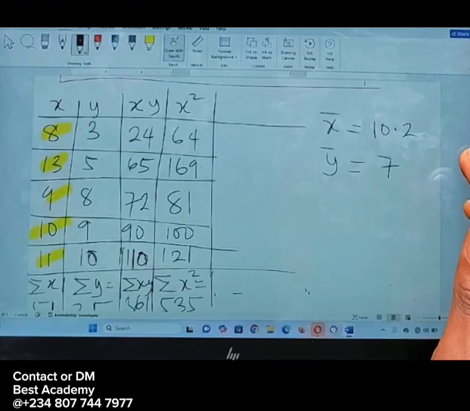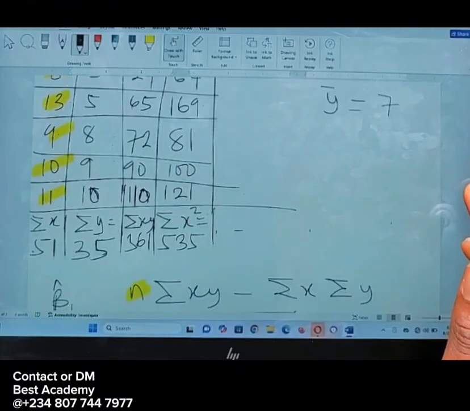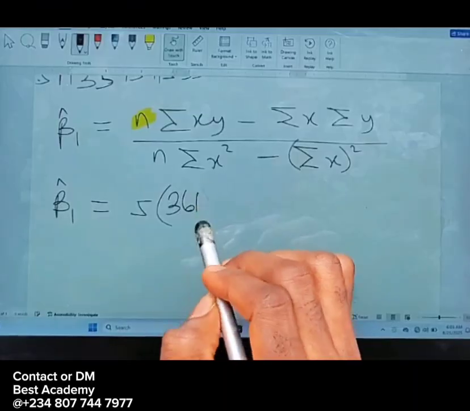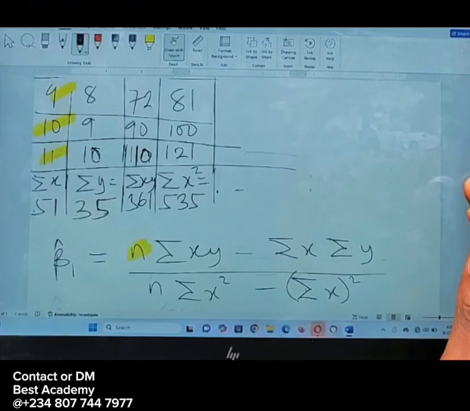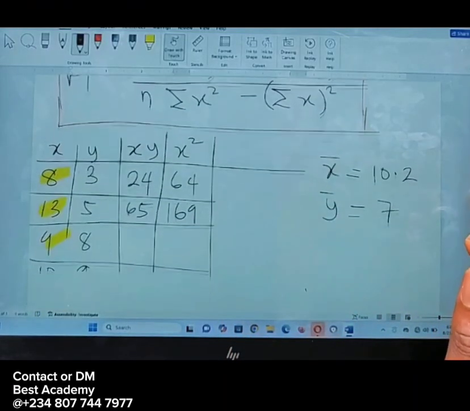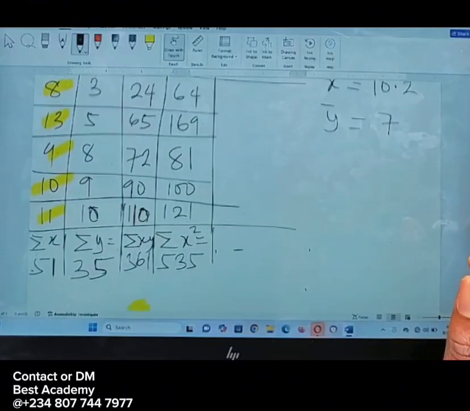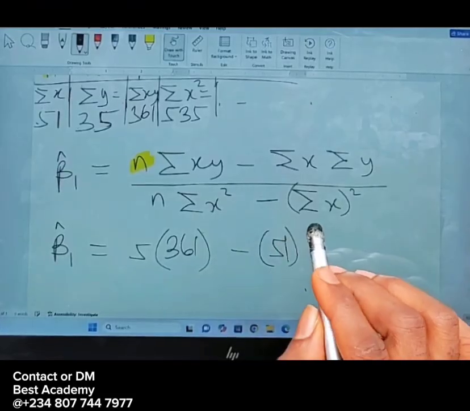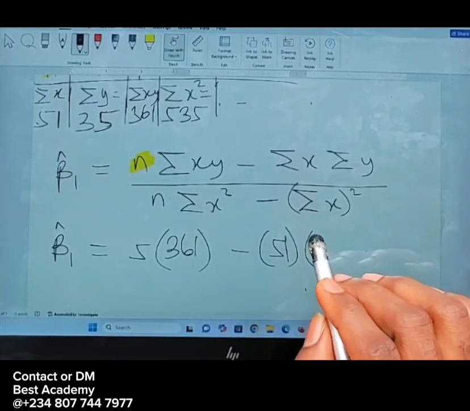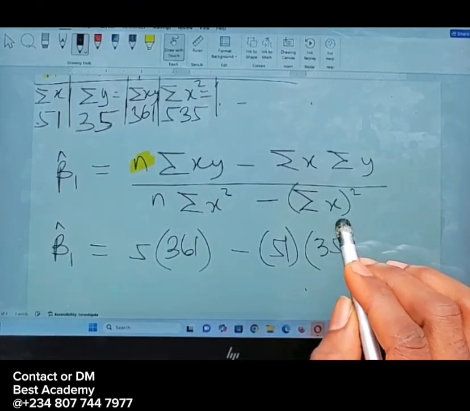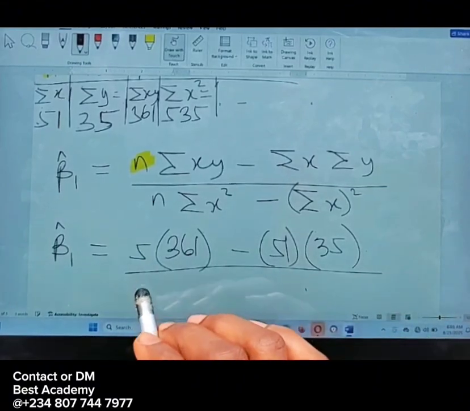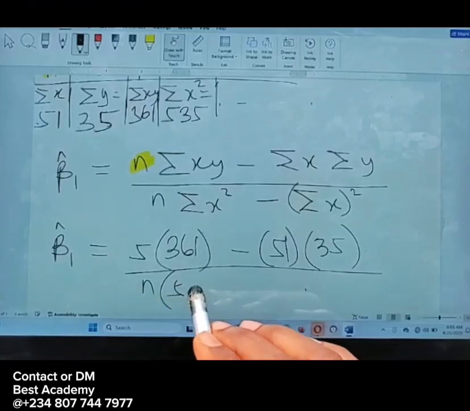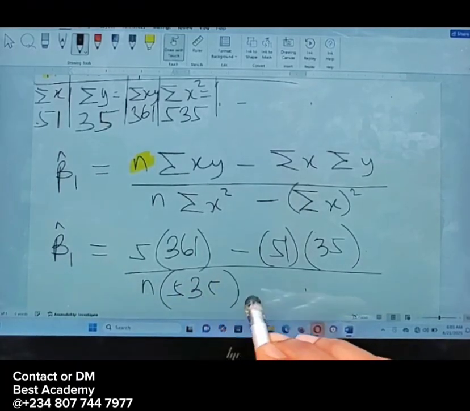into sum of sy. Sum of sy is said to be 361, minus sum of s here is said to be, let's be careful, 51. So we place this to be 51. Sum of y is said to be 35, that is 35 over n into sum of s square is said to be 535.